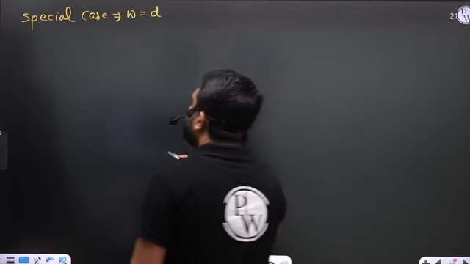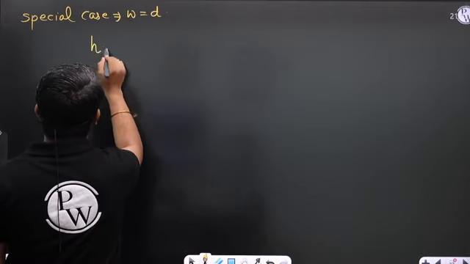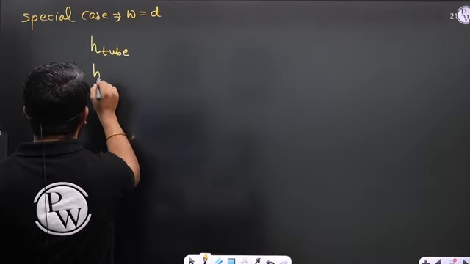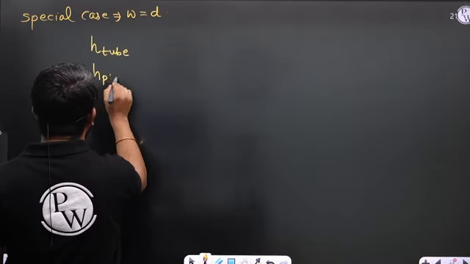So let us consider in case number 1 the capillary rise is H tube, and in case number 2 the capillary rise is H plate.